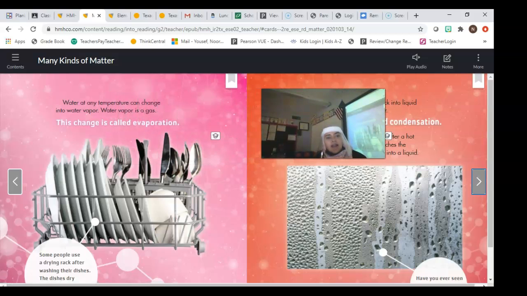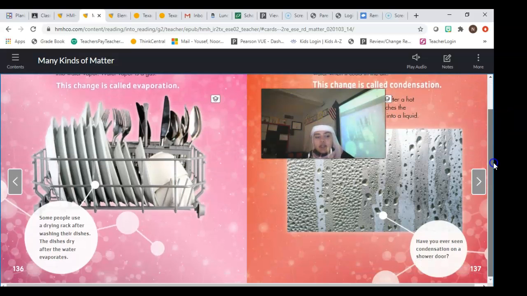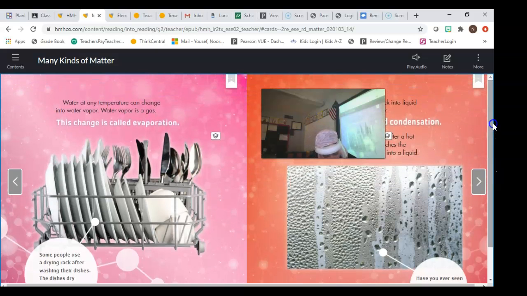All right. Water at any temperature can change into water vapor. Water vapor is a gas. This change is called evaporation. All right. So we have evaporation. Condensation is the next one.